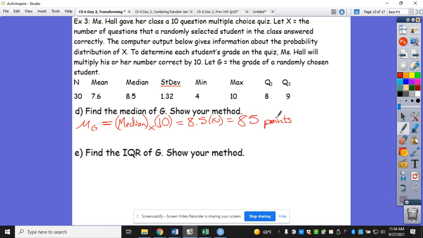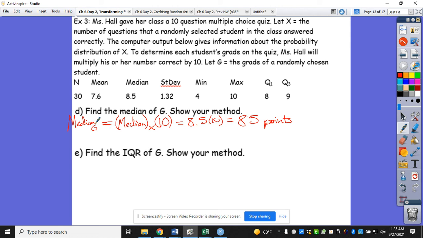So shouldn't that be median of G? Not mean. Oh yeah, median. Some books try to use a capital M or MED, but it's inconsistent, and I don't like the fact that it's inconsistent.